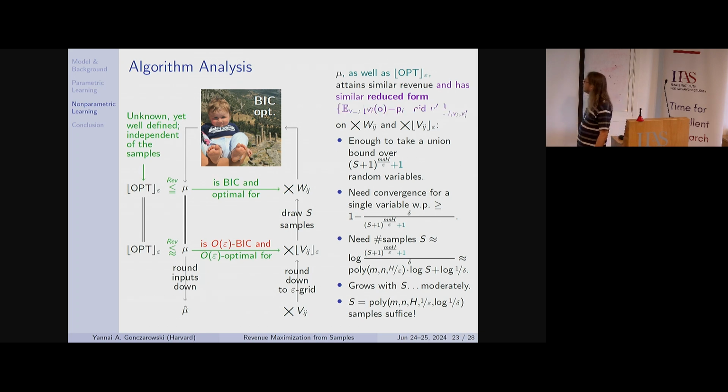What do I mean by reduced form? I mean all of these random variables, some people call them the reduced form. What are these random variables? All of these expectations: the expectation, when I bid v_i, in expectation over everyone else's bids, that my utility is better than if I bid v_i prime.